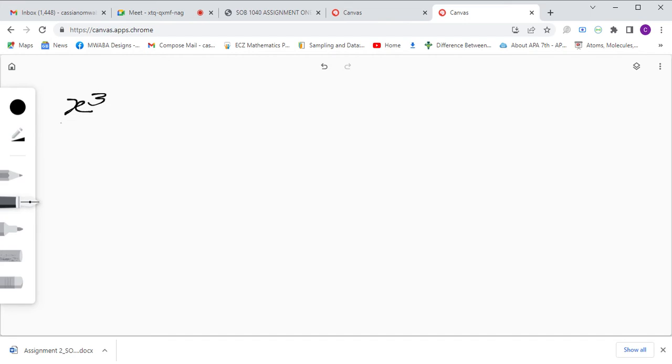Yes, we had x cubed minus 2x over x squared.